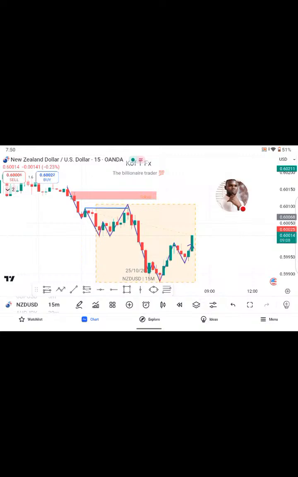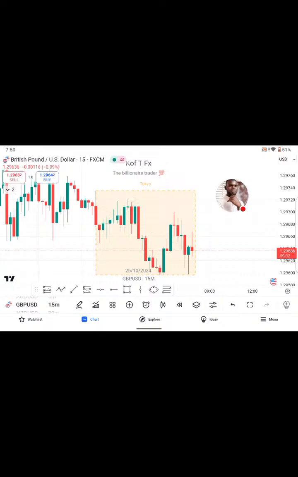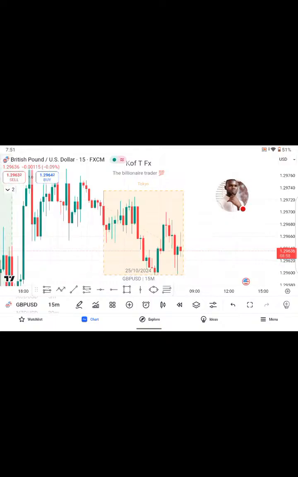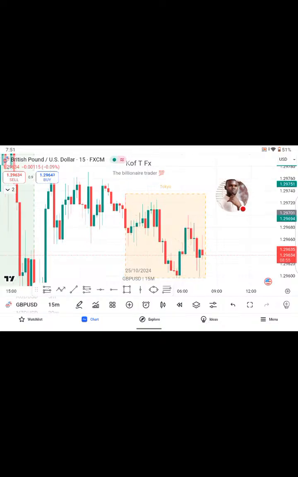So let's check GBP. So I'm going to draw out the structures as well.